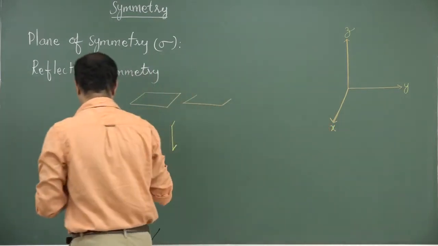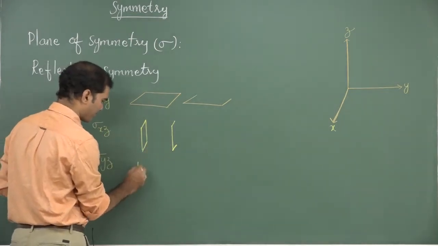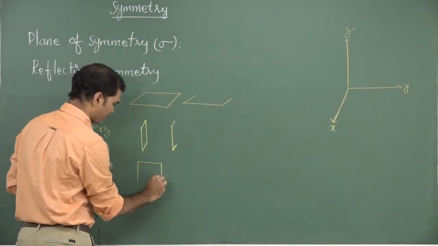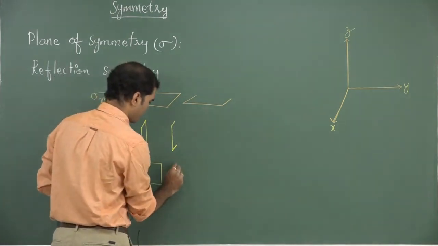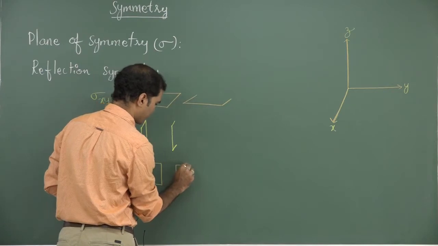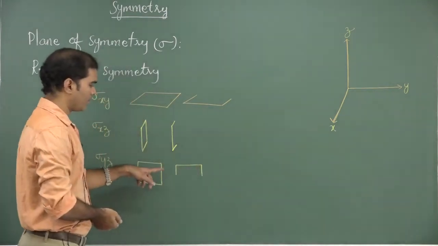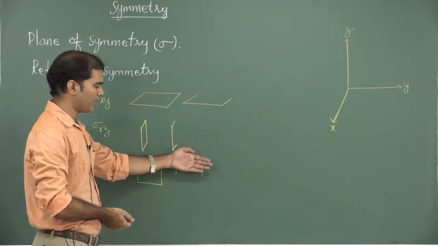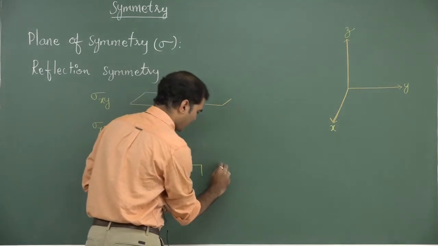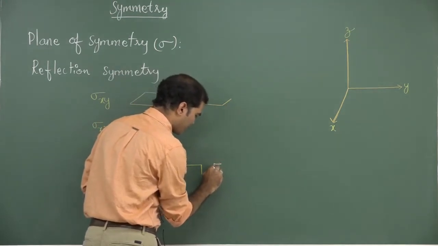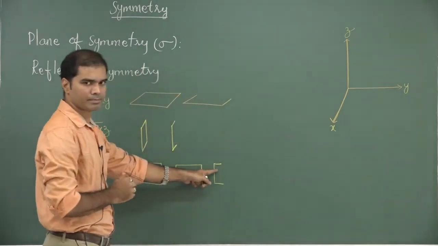Coming to yz, this is the plane of the board or the plane of your paper. So this is a complete plane. We may just show half the plane. Now when I am showing this plane, you have to be a little careful whether I show this, or depending on the molecule, this; both are one and the same.